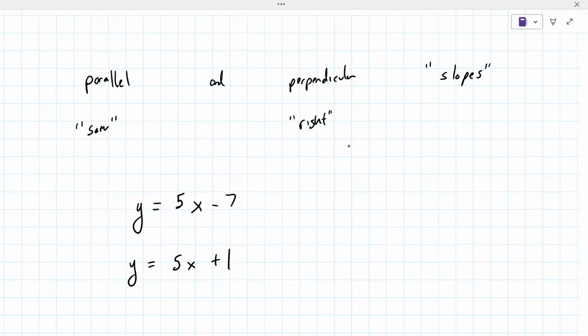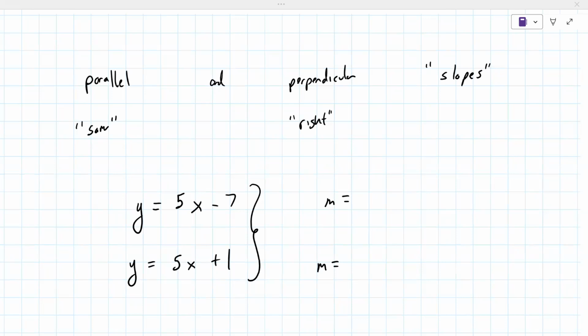Okay, so are these two equations parallel or perpendicular? What I'm really asking is what's the slope of the first one? What's the slope of the second one? First one, it goes down 7, right?